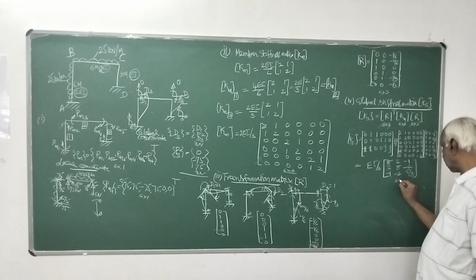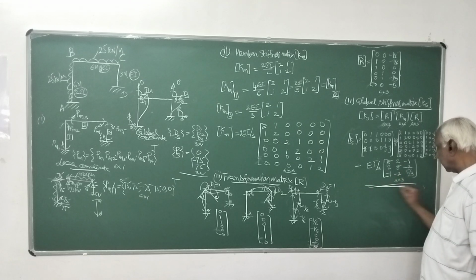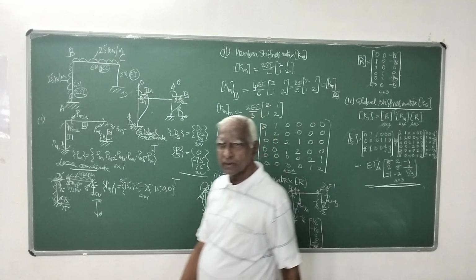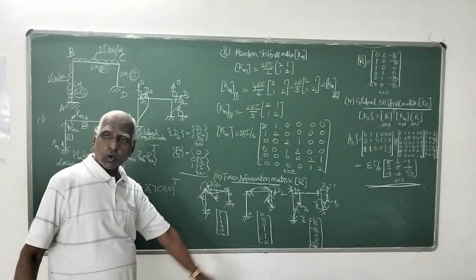This is a 3 by 3 matrix, KF, finally. So that is your fourth step.